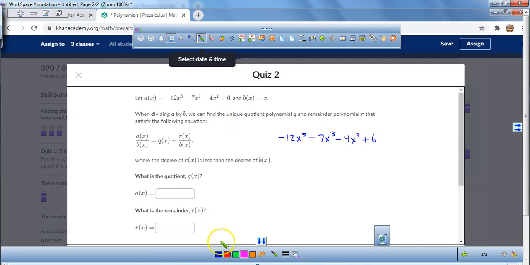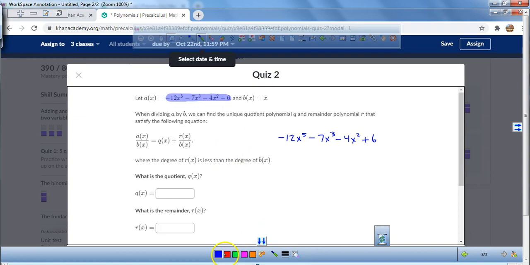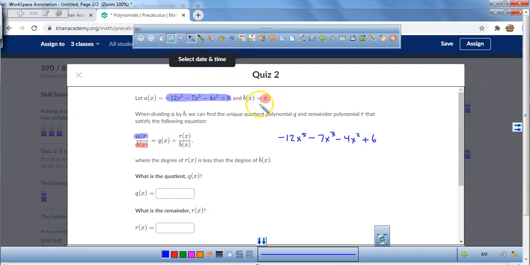So there we go. That's a of x, which is right here. Hopefully you can see that okay. Then we have b of x, which is just an x. And so what we're doing here is we are literally dividing a of x by b of x. Now this one you don't have to do long division on.